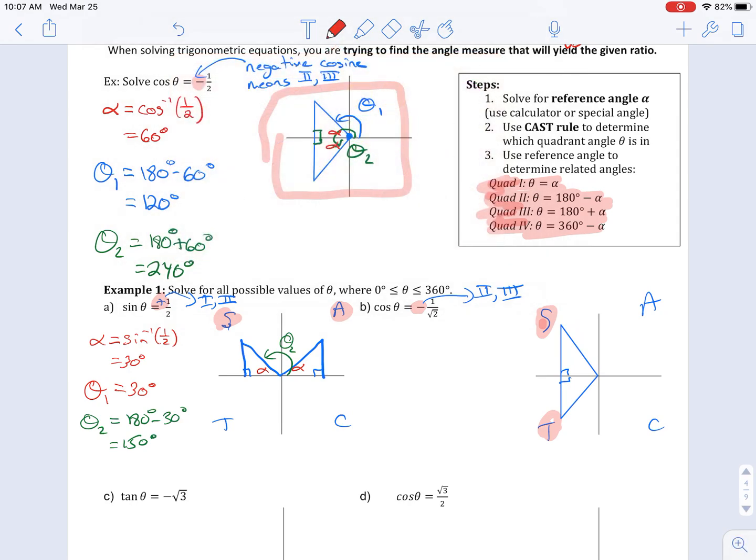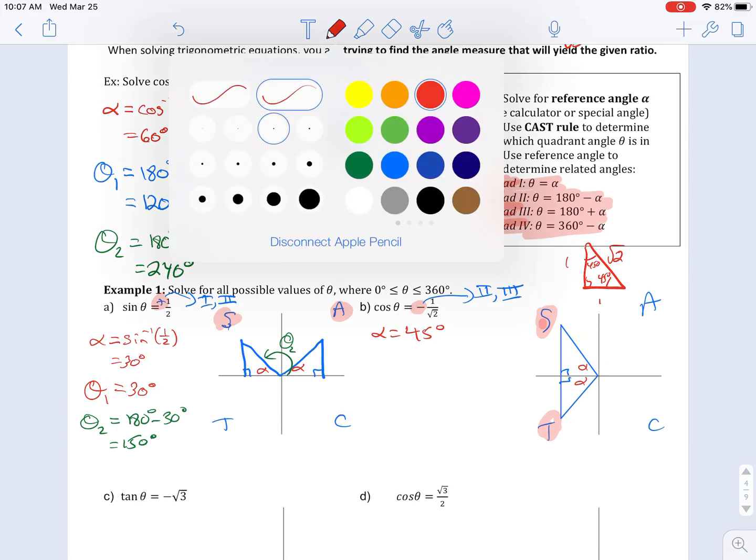So now I need to think about what the related acute angle is. And again, at any point, I would pause this and try to figure this out yourself. So this comes from the other special triangle where I've got 1, 1, and root 2, and these are both 45. So alpha in this case is 45 degrees. So that's my related acute angle.